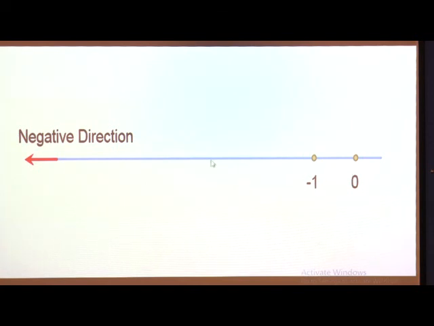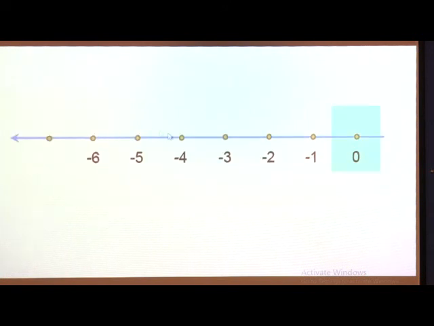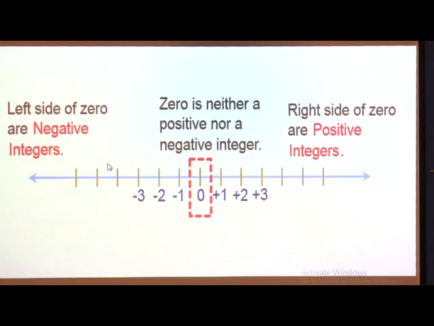So, the left side of the 0 is the negative direction, and the numbers are -1, -2, -3, -4, -5, -6 and so on. So, 0 is neither a positive nor a negative integer. For 0, we do not give any symbol for plus or minus.